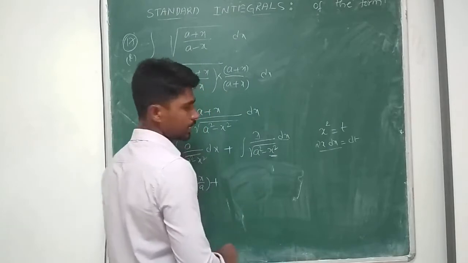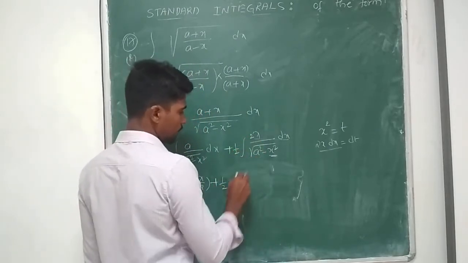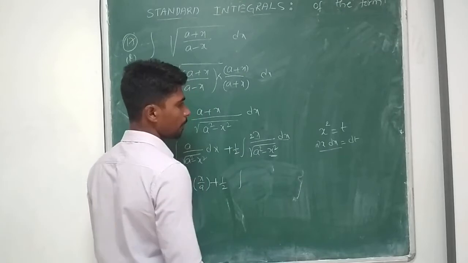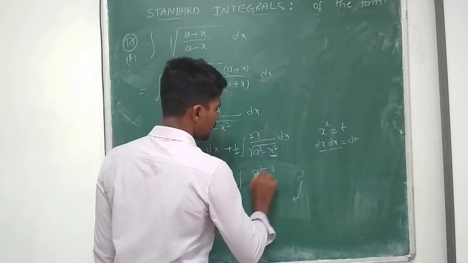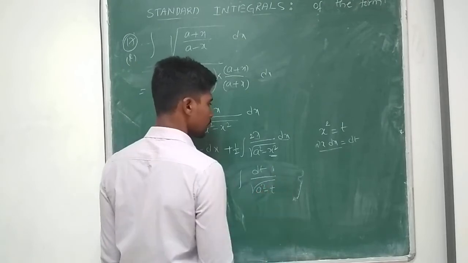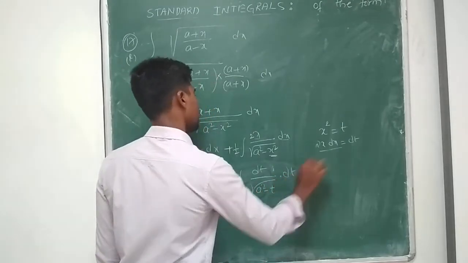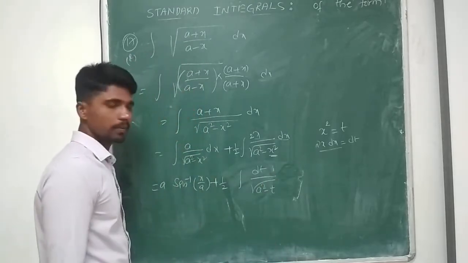I don't have 2x dx, so multiply and divide by 2. So 1 by 2 into integral dt by root of a square minus t. Root of a square minus t.